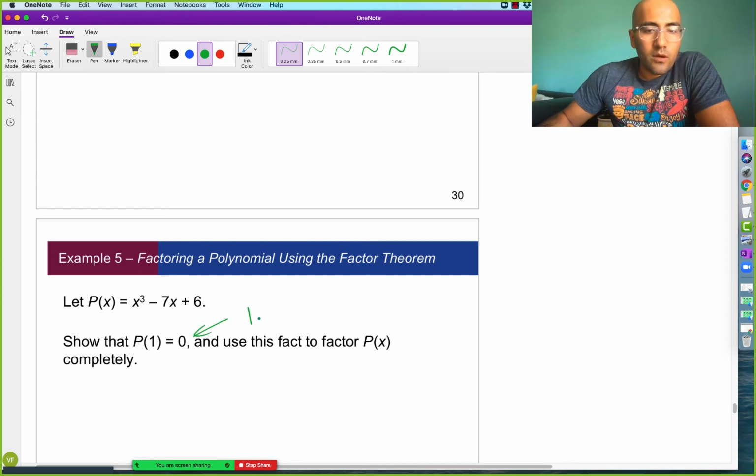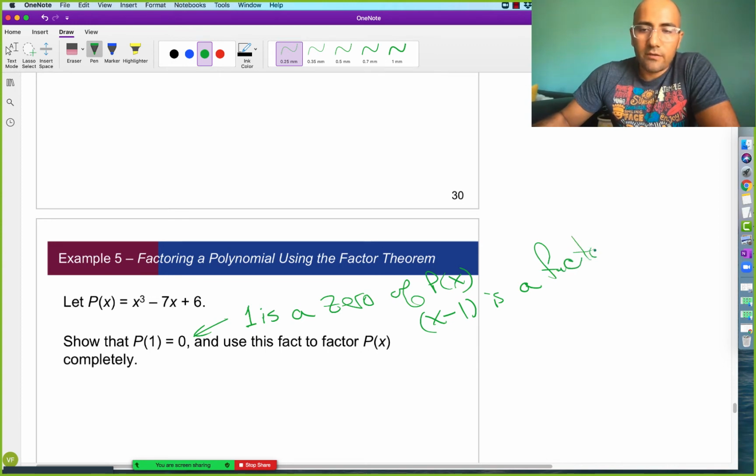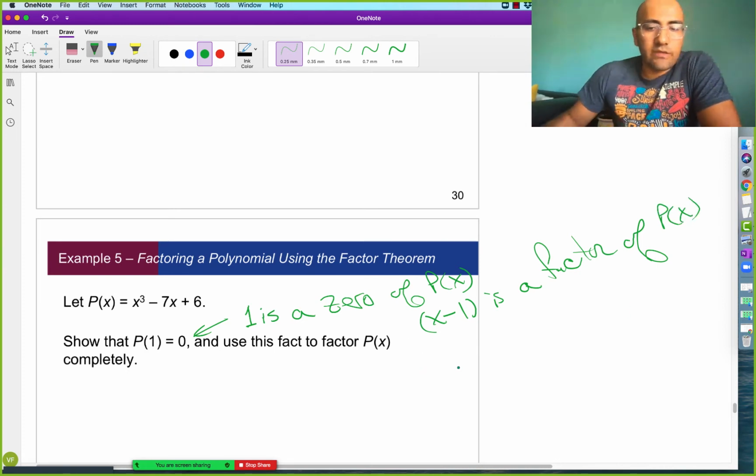Thus, 1 is a 0 of p of x. Because we know that, we also know that x minus 1 is a factor of the polynomial p of x. And now that we know it's a factor, let's actually divide it out and figure out what that is.